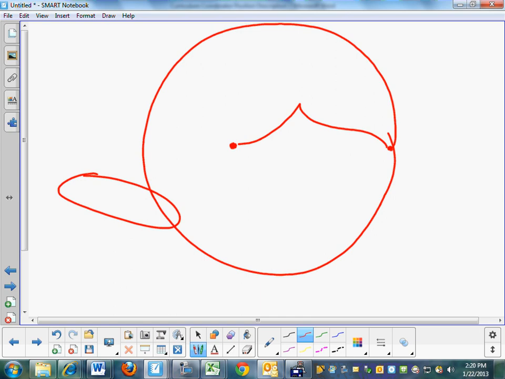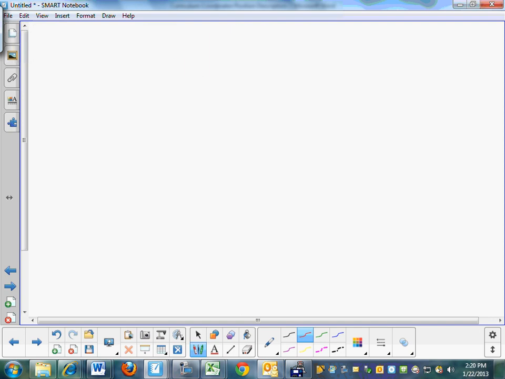Okay. Now, let's change it up a little bit. Let's take that loopy string, and instead of putting it around 1 point, let's put it around 2 points. It's going to stretch to about here on this side, and about here on this side.